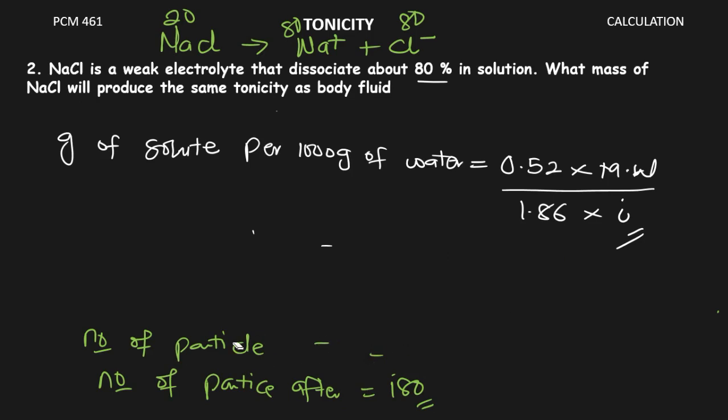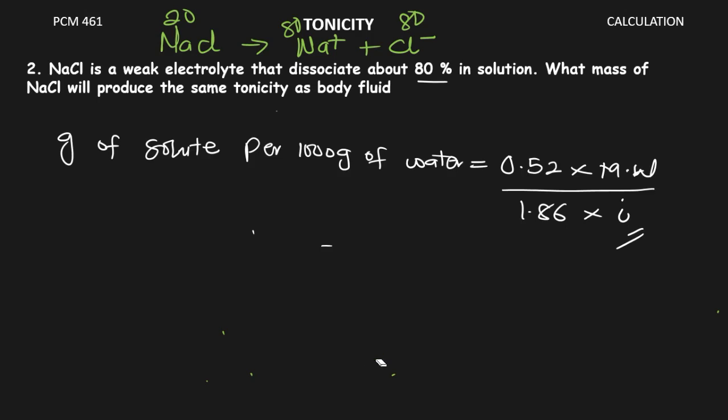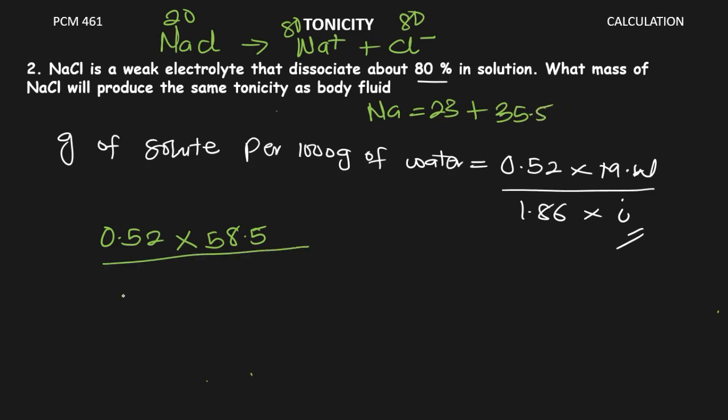So what will be the gram of solute per 100 milligram of solution? It will now be 0.52 times the molecular weight of sodium chloride, which is 58.5, because sodium is 23 and chlorine is 35.5, divided by 1.86 times the dissociation factor we just calculated, 1.8.